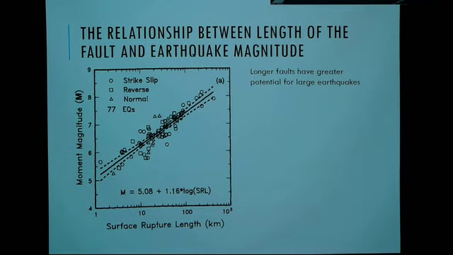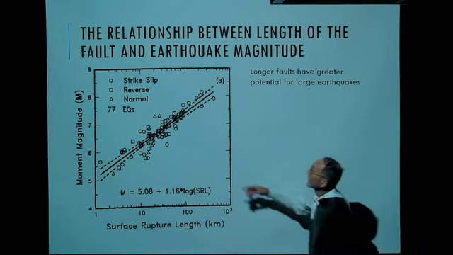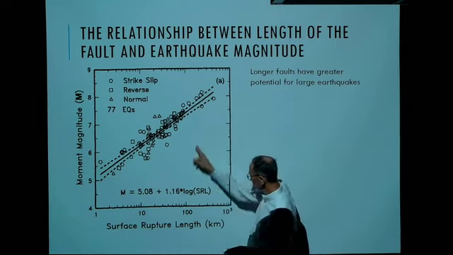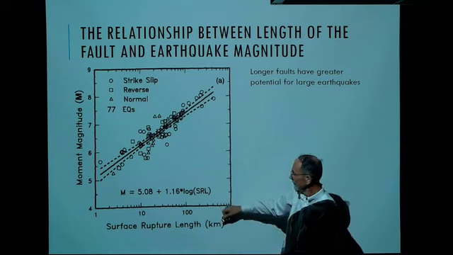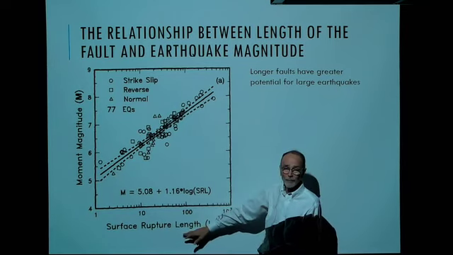There's a very important relationship between the magnitude of the earthquake, the size of the earthquake, and the length of the fault. So if the fault is a little short fault, it will never have a 9 on it. To get a magnitude like 8 or a 9, you need a really long fault, 100,000 miles. So this is the surface rupture length.